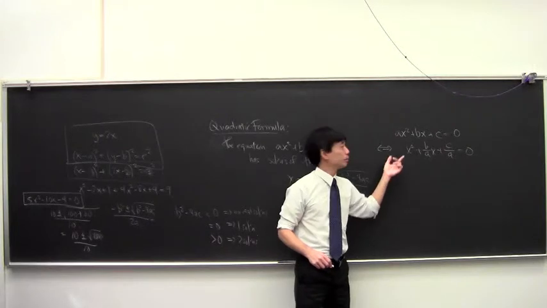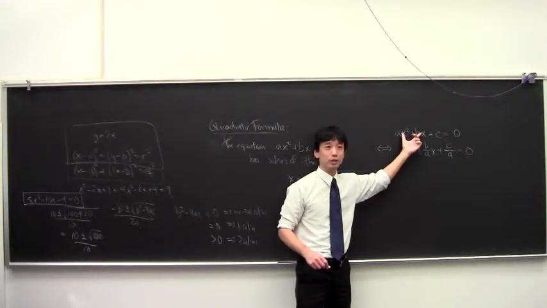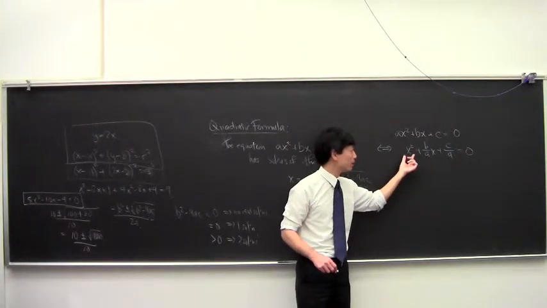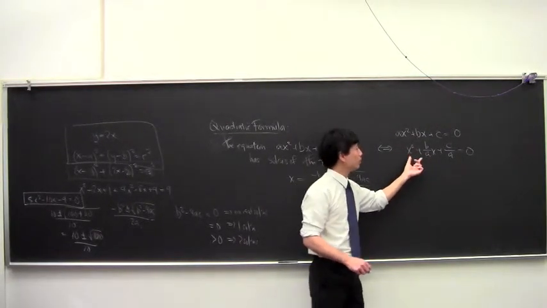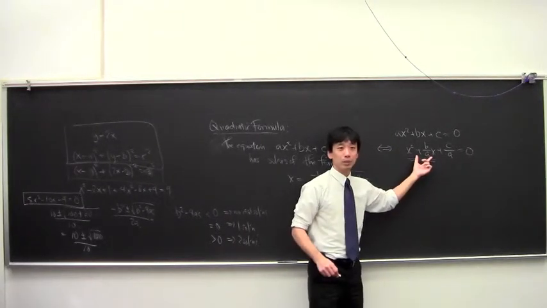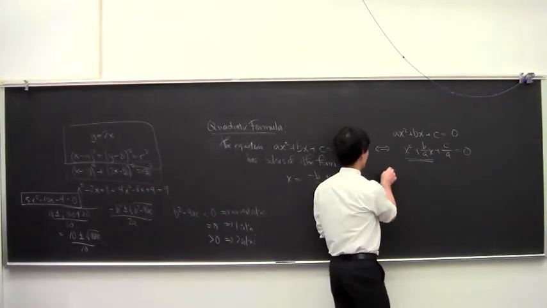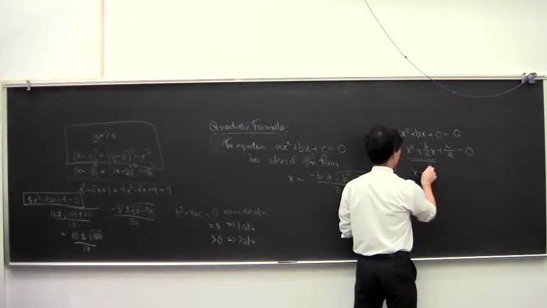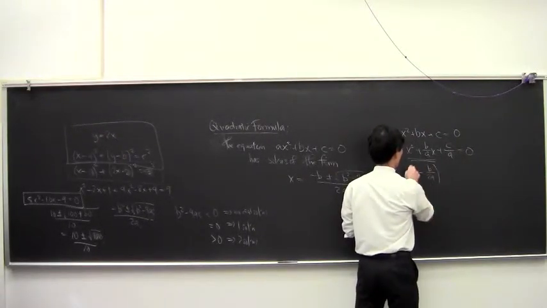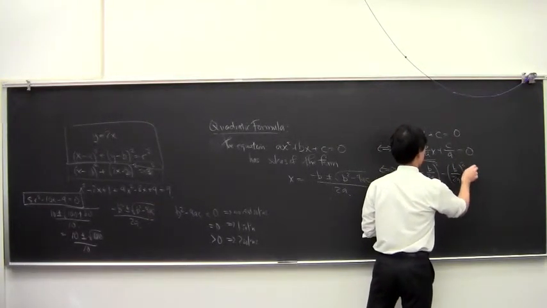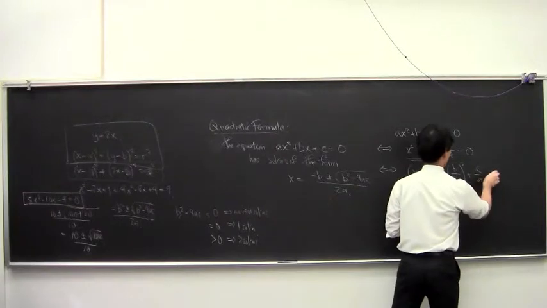You don't change the solution set by dividing by some non-zero number. And here I'm going to use completing the square. So this is going to be x minus b over 2a quantity squared minus b over 2a squared plus c over a.